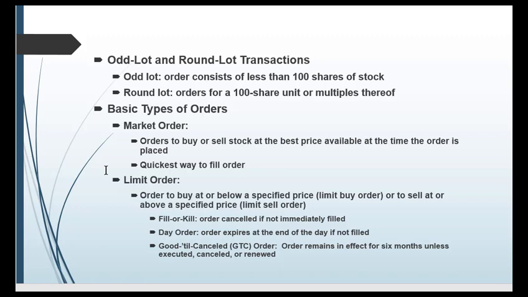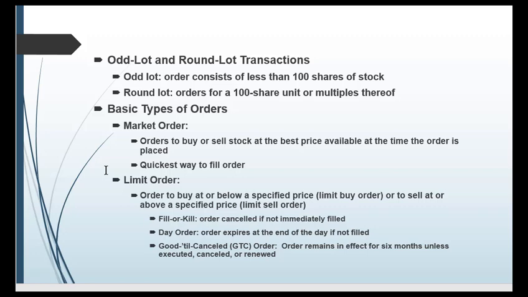How long do they wait? And that's what the rest of this covers. You can have something that's referred to as a fill or kill order. Either they buy all the shares or complete the whole order, or it's canceled. You can have a day order. If it doesn't get closed by the end of the day, it cancels. And a good till canceled order.